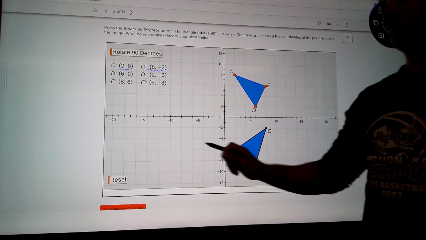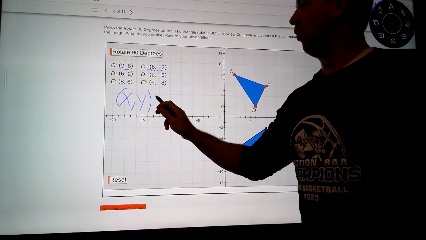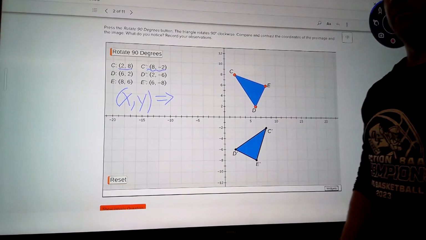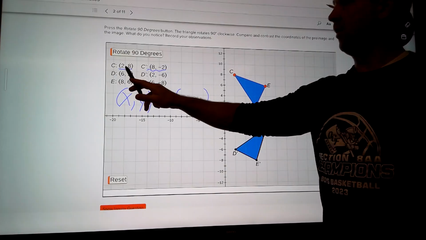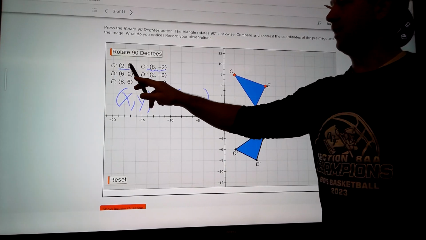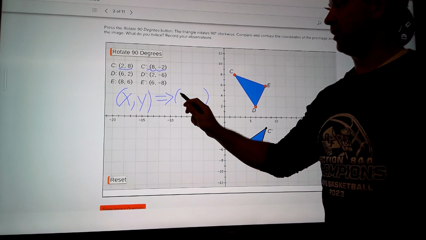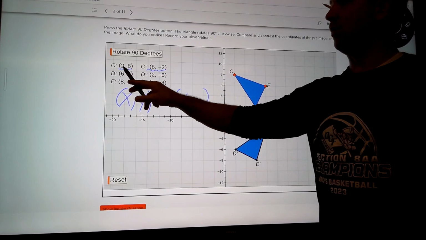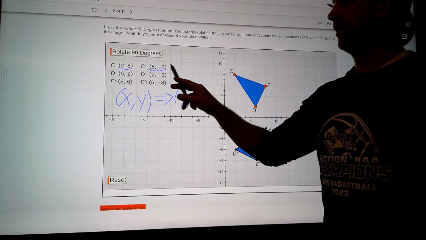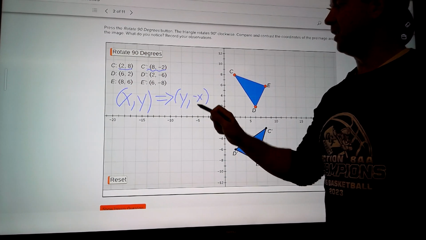Think of it as we had an X, we had a Y. What did this become? Notice how my 8 was my Y, but now 8 is my X. So I'm going to say this goes to Y, but now look at my X. My X was 2, now it's -2. That's the opposite. So we go to the opposite of x.